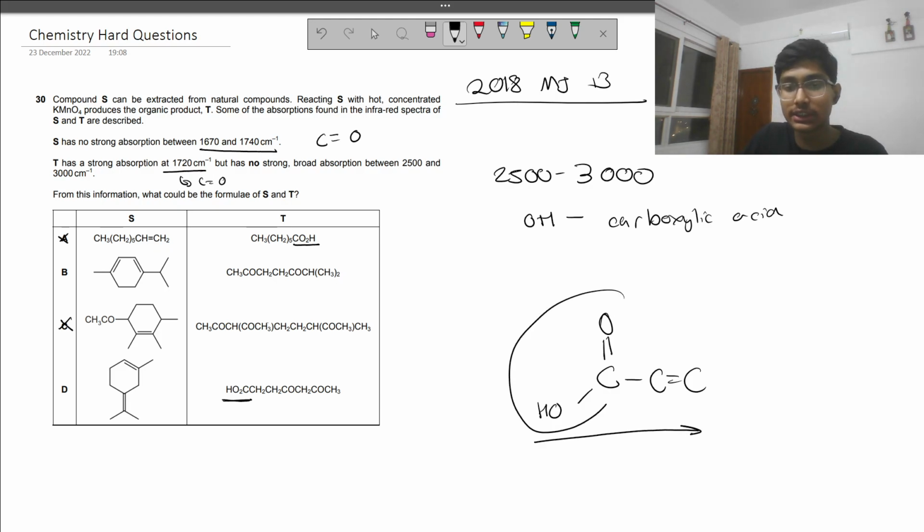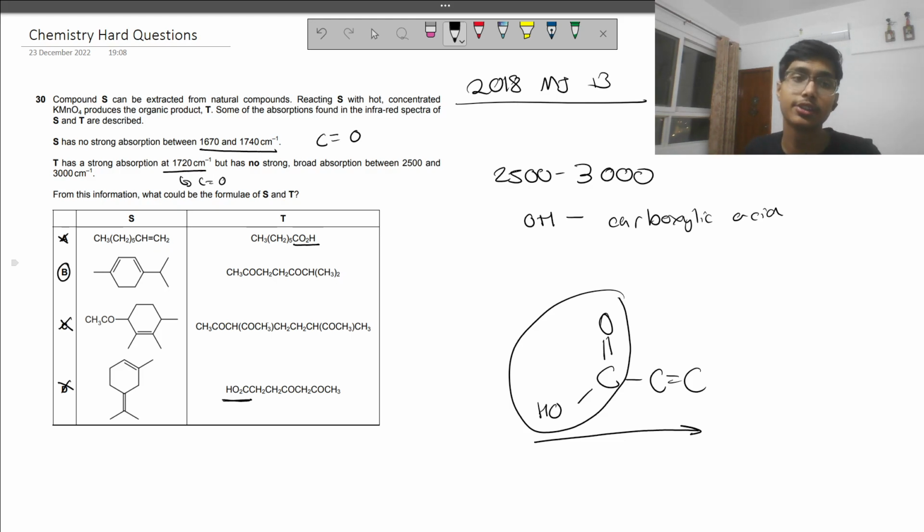So it doesn't come in the common form of C=O, C, O, H. Instead it comes the other way around, which is H, O, C. That is why many students get confused. Hence, D would also be incorrect, leaving the only plausible option to be option B.